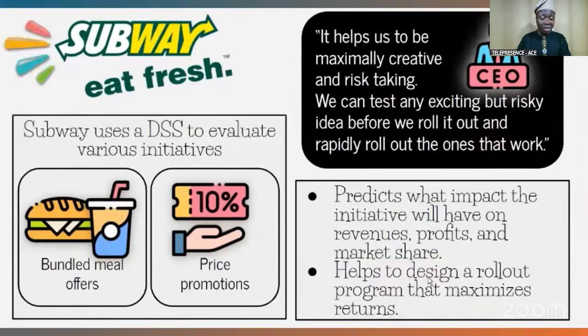So a decision support system evaluates various initiatives, bundles, offers, price, and promotion. For example, many people selling products online will come at a particular time and tell you they are doing a promo. If they introduce a promo, many people will like to buy their product. We were selling it for 10,000 naira before, but because of the promo it is going for 8,000 naira.